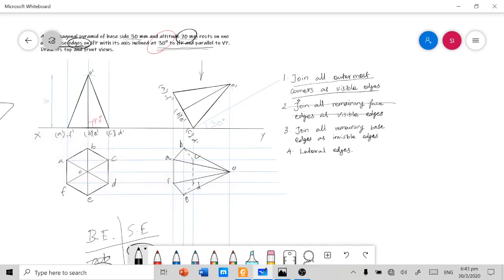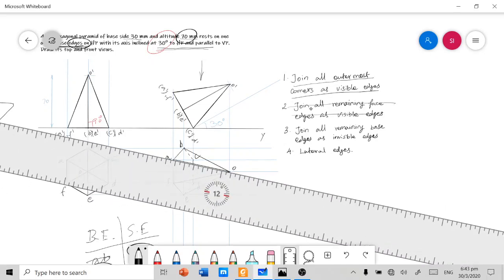And then the edges OB and OE are already connected. The edges OC and OD are invisible when you view them from the top. So you need to connect the edges OC and OD as invisible edges with a hidden line format.